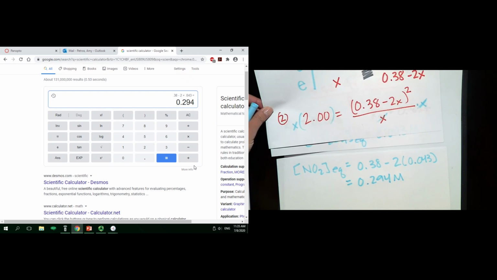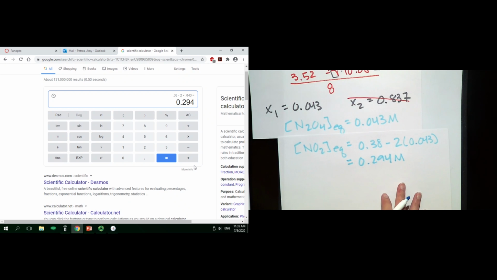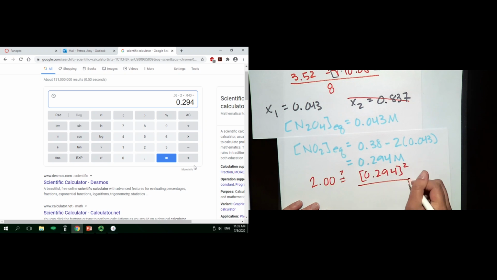Okay, so remember we can check our answers. We can check our math answers mathematically by setting up the K expression, plugging in the values that we just solved for, and determining, hey, do I get that value for K back? So I set up the K expression, I plug the values that I just solved for back into the equation, and then I want to evaluate, do I get very close to 2?